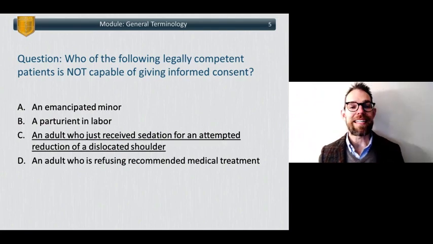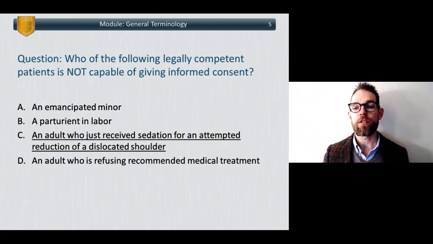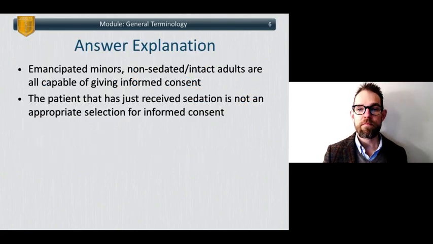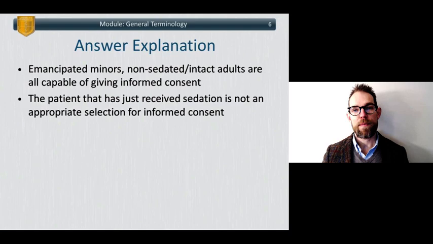And the answer here is C, an adult who just received sedation for an attempted reduction of a dislocated shoulder. So emancipated minors, non-sedated, neurologically intact adults, those individuals are all capable of giving informed consent. A patient, however, who has just received sedation is not an appropriate selection for informed consent.